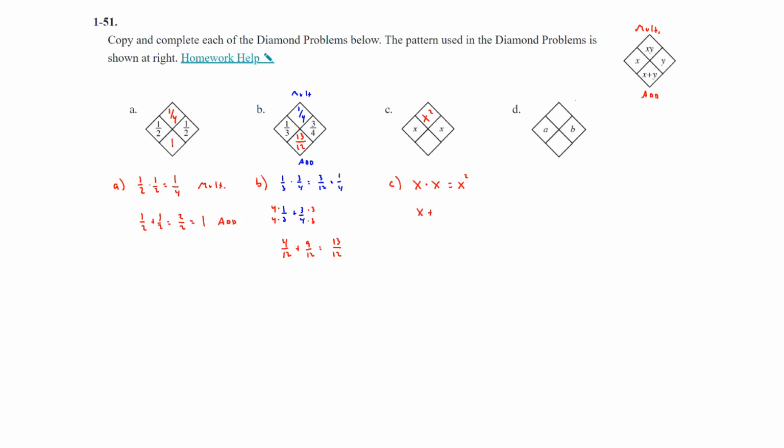And then on the addition, what is 1x plus 1x? That would be that there are 2 x's. So that would be the addition on the bottom. Same idea on D, except now the variables are not the same. So a times b is just ab. And then a plus b, since they're not like terms, we can't combine them. So that just means it's a plus b.